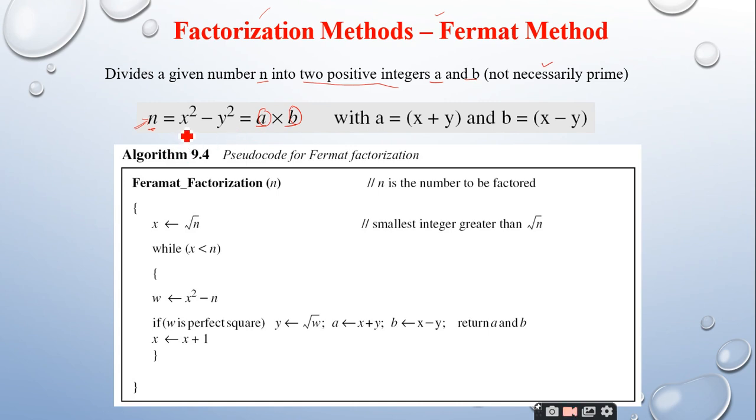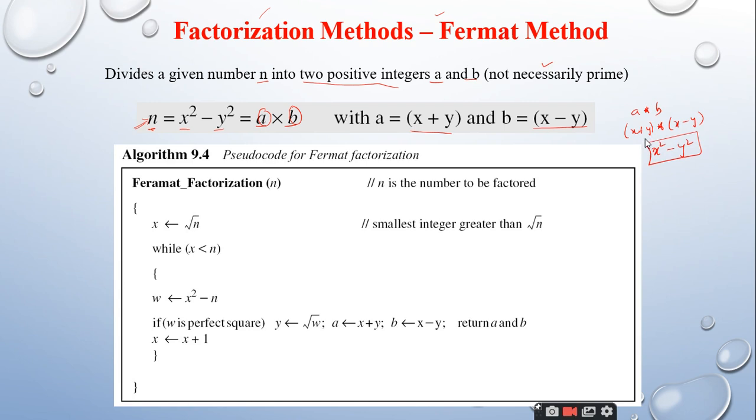If you are able to express n as x square minus y square, you can easily identify a and b, where a is x plus y and b is x minus y. So a into b is x plus y into x minus y, which is x square minus y square.